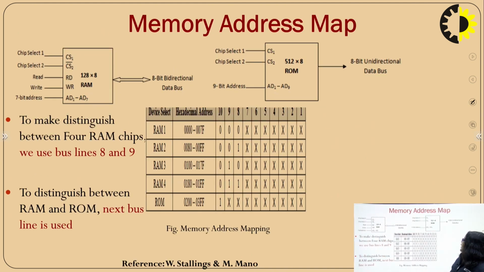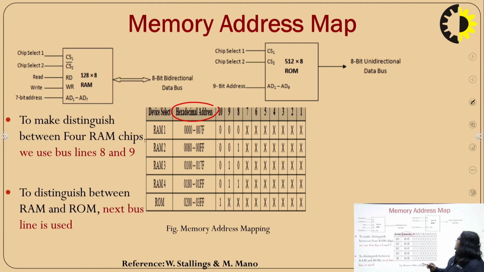Now, this is the diagram. That table shows the hexadecimal address table of the RAM and ROM designing. So how do we define these tables? We know the hexadecimal address. How many bits are required for the hexadecimals? It is 16.